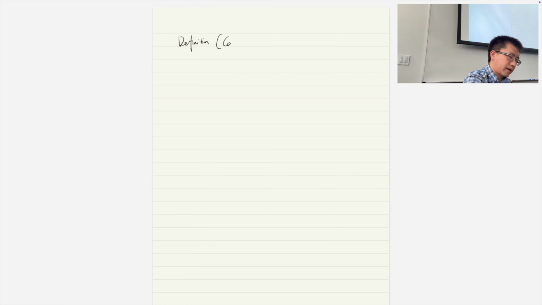Okay, great. Capacity. So the definition of capacity here is exactly the same as before. The only difference here is that we have a power constraint. Yeah, I'll still write it.